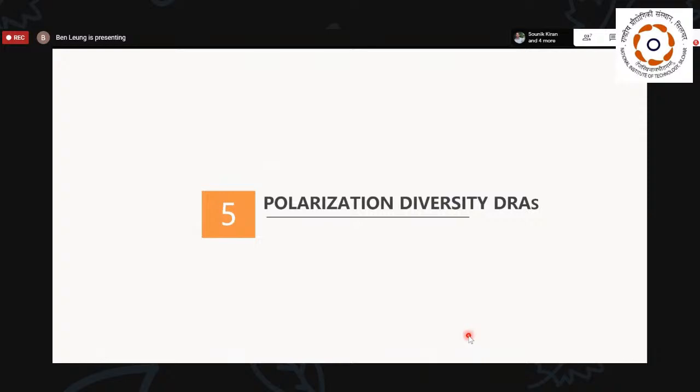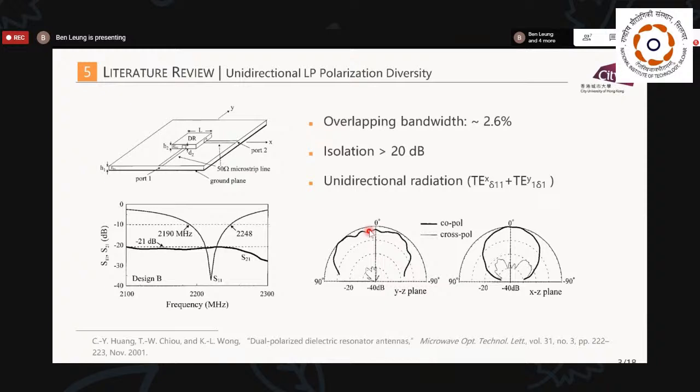Okay, next we consider polarization diversity. Now the first polarization diversity DRA was done about 20 years back by a research group in Taiwan. They used one port here and the second port here to excite the rectangular DRA.